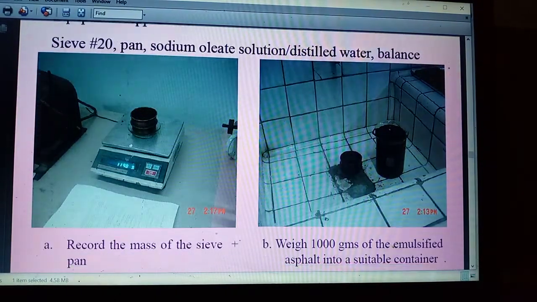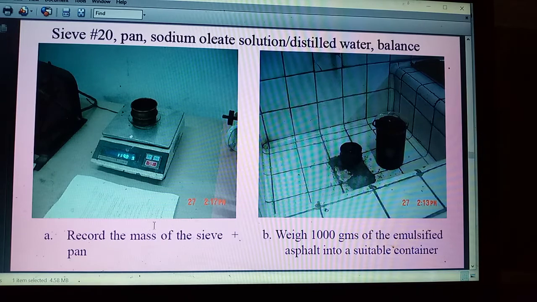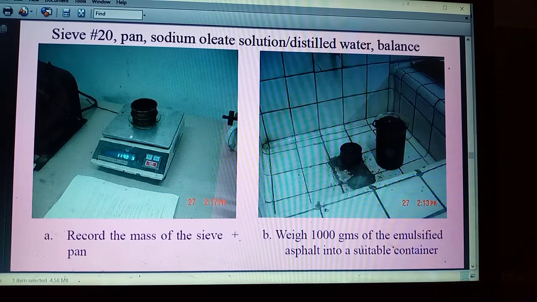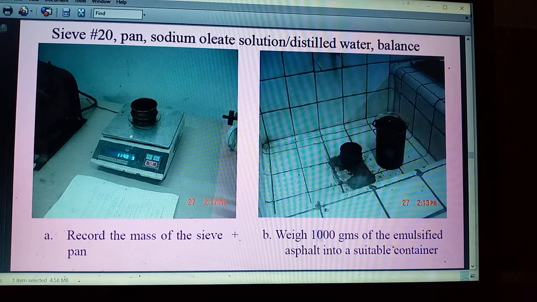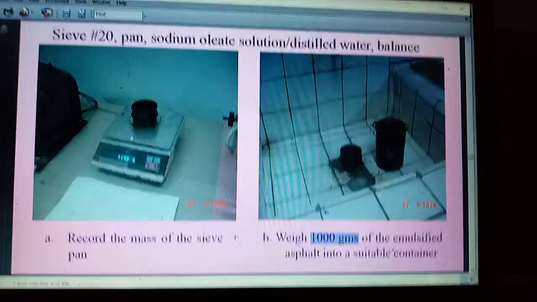Unang step, record the mass of the sieve and pan. Then, weigh 100 grams of the emulsified asphalt into a suitable container. Depende yan, dapat yung timbang niya aabot ng 100 grams o 1 kilo. Lagay mo dyan sa malaking container.